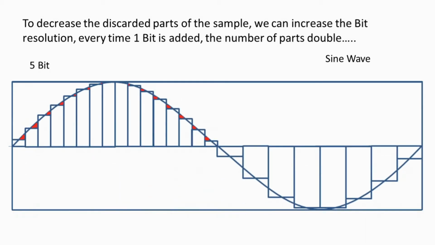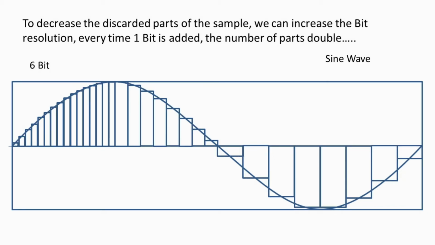And if I look at the red discarded parts, you will see that they are much smaller now than in the previous 4-bit example. Let's move over to 6 bits and see what that looks like. The parts are now half of what they were in the 5-bit example. And as you can see, again, the red sections that are discarded are much smaller now.